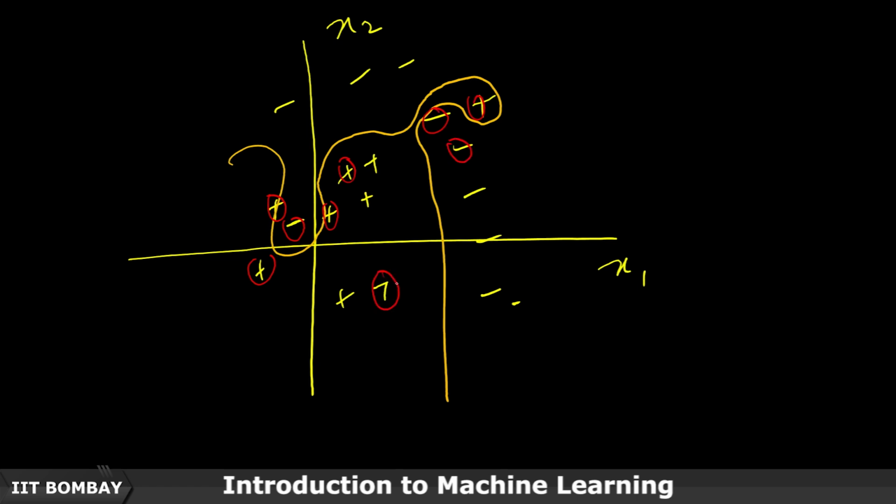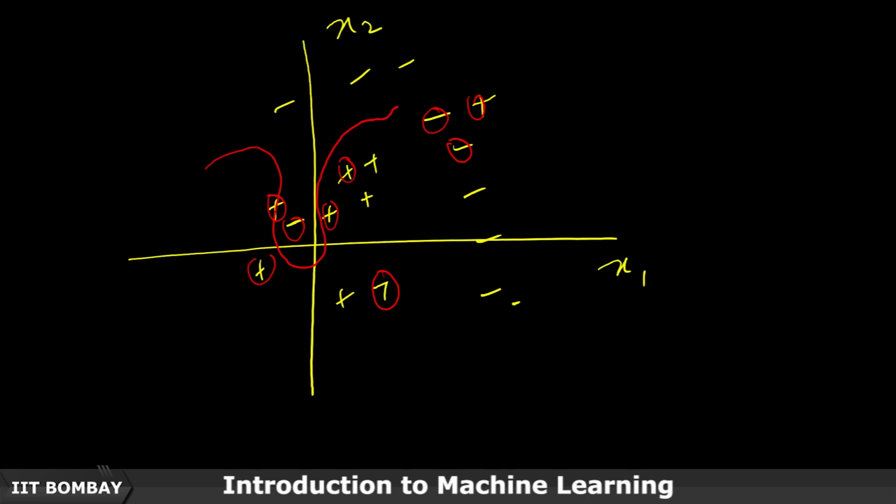So it's a very complicated boundary, and it is not tolerant to the noise that we saw in these two points. Instead, if we want a boundary like this, so this is not a noise tolerant boundary.